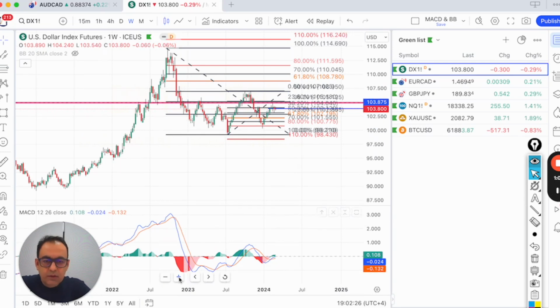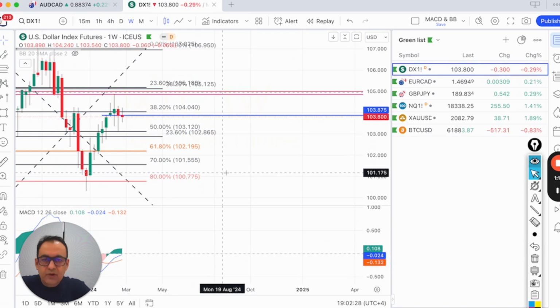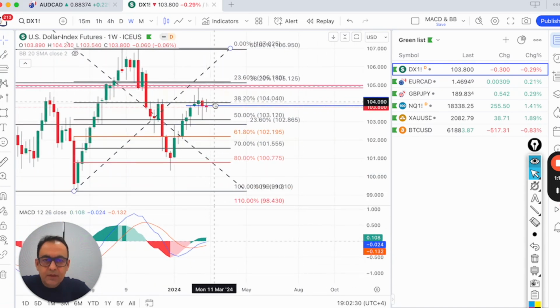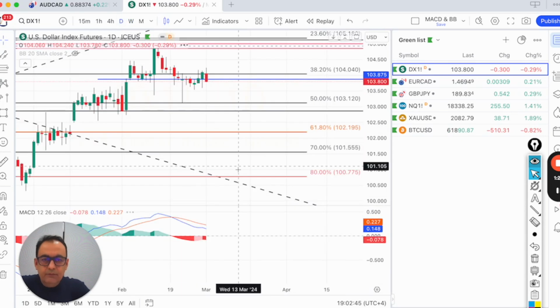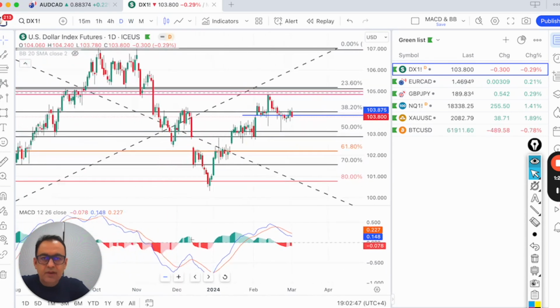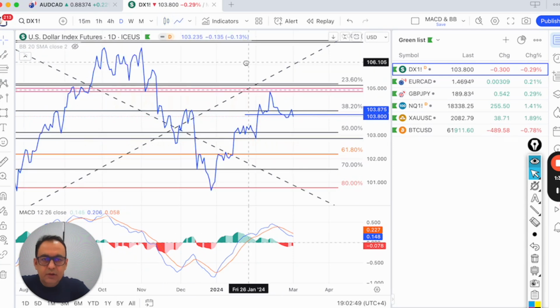Now we got the duplication of two Fib levels around this area, which has created a major resistance level, and during the current up move this level was not broken.